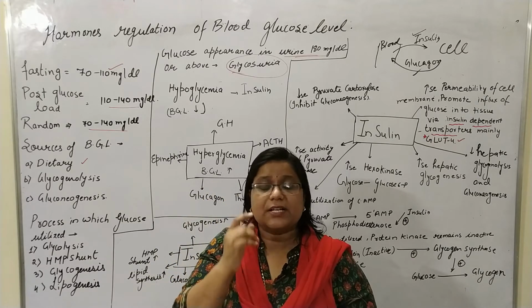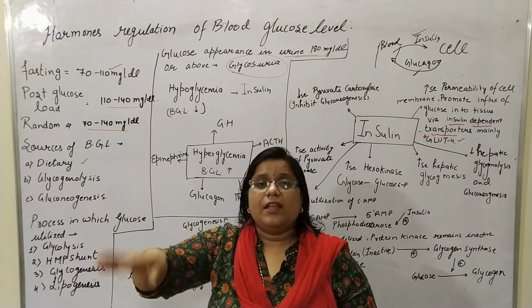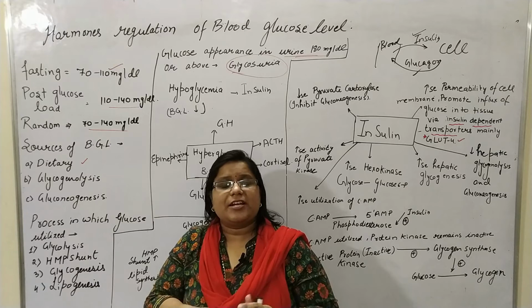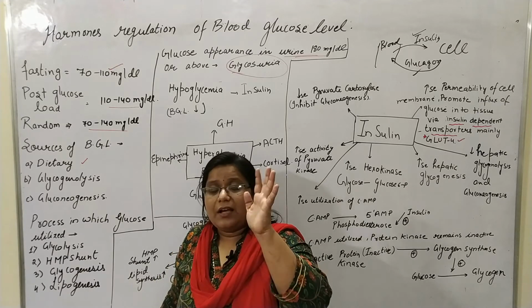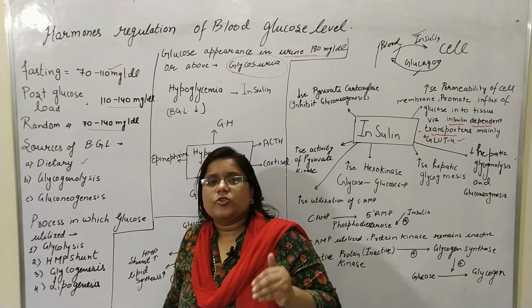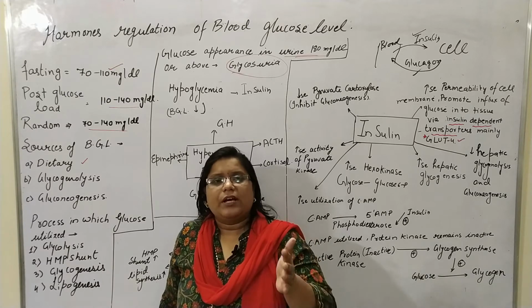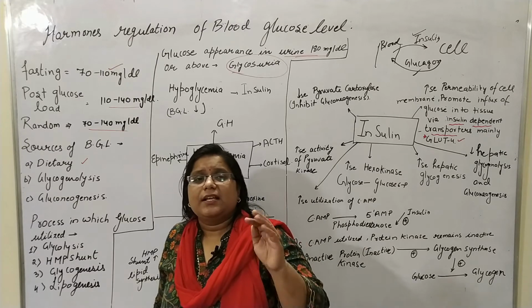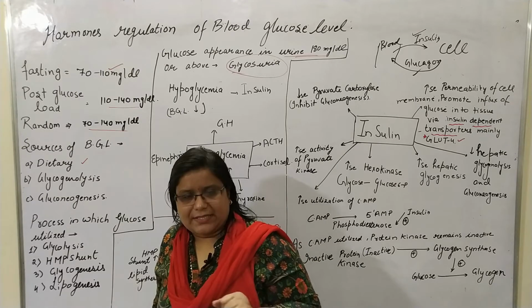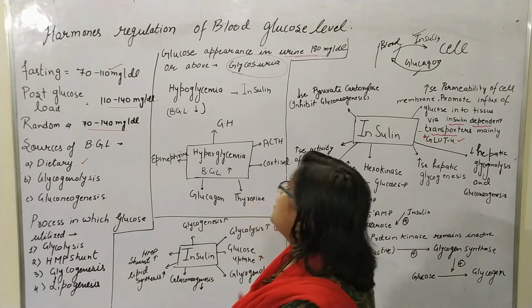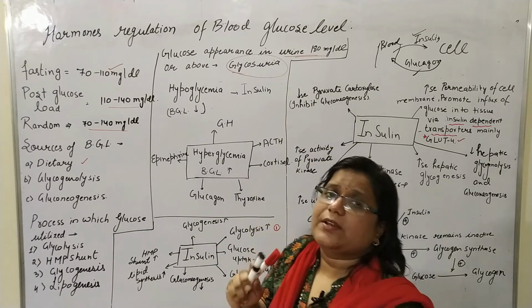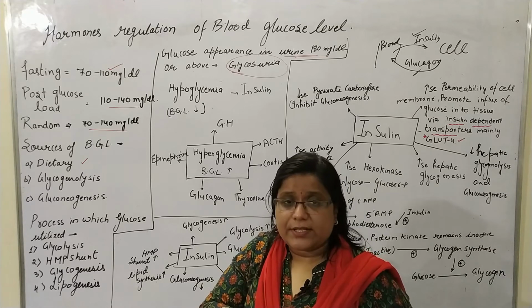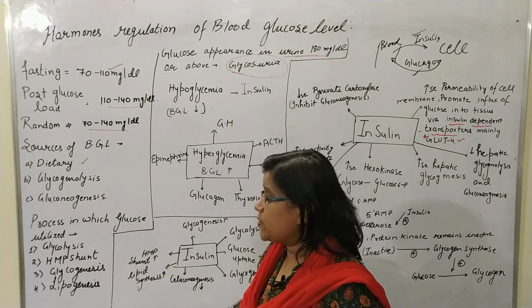At that concentration, the kidney allows the extra glucose into the urine so that the glucose level is balanced, because the kidney wants the glucose level to be optimized. That condition is known as glycosuria.